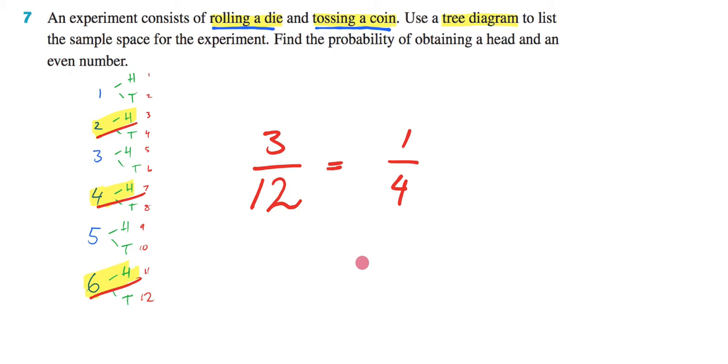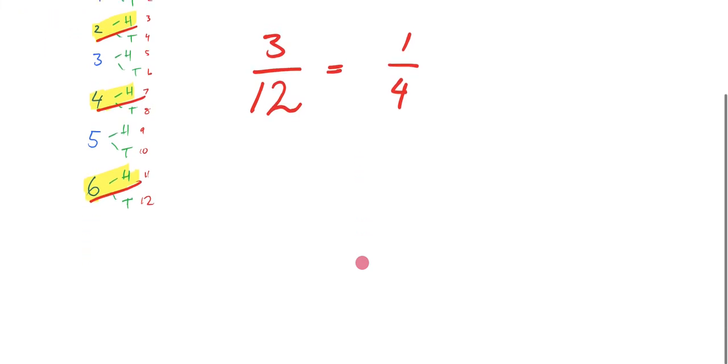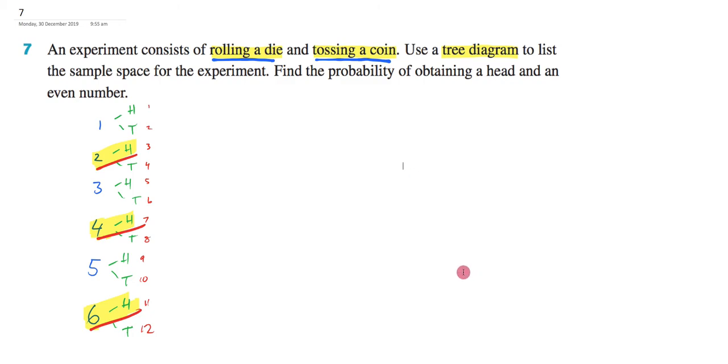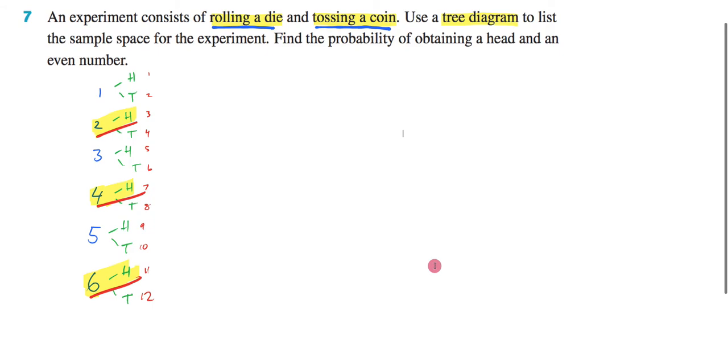Now there's another way we could figure this out. Let me get rid of this. So let's remember that it's 1 on 4. Okay. So the other way we could approach this is instead of rolling my die first, I could flip my coin first. So I could get a head or a tail.